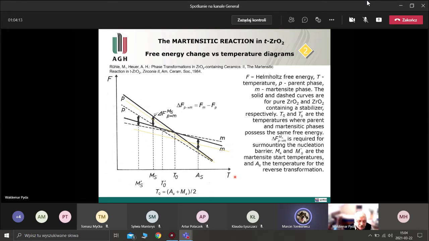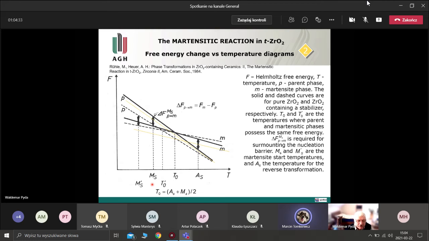Okay, could you explain to us the meaning of this symbol, MS? It's the martensitic start temperature. Yes.